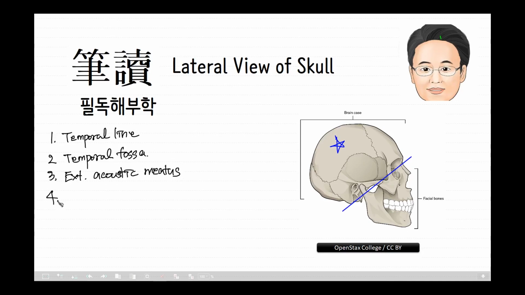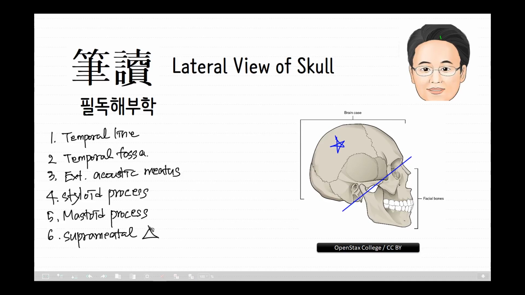Number 4, styloid process. Number 5, mastoid process. Number 6, suprameatal triangle. Number 7, mandibular fossa.